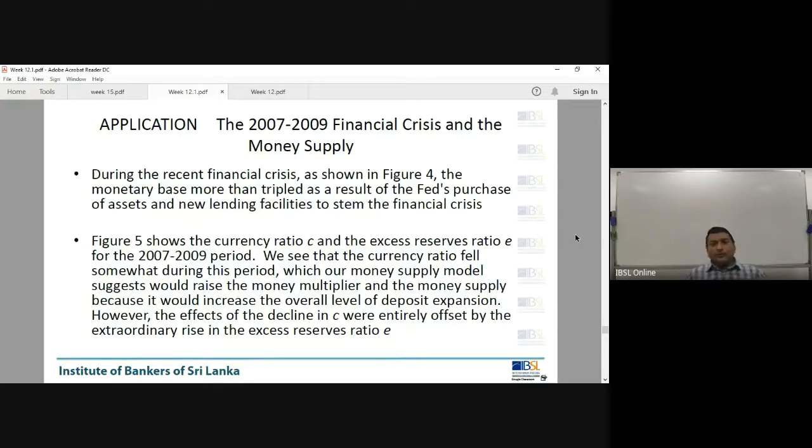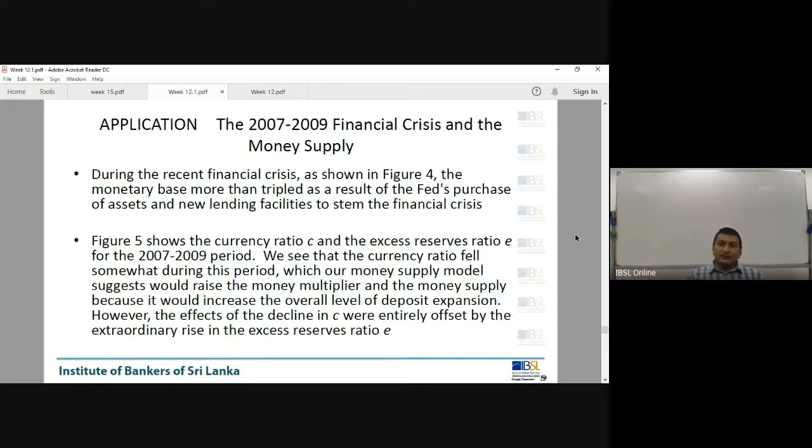That is also due to the lessons learned by policymakers from financial crises and stresses in the past.